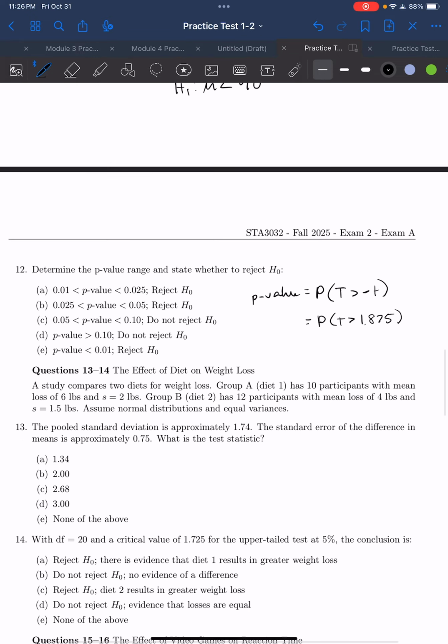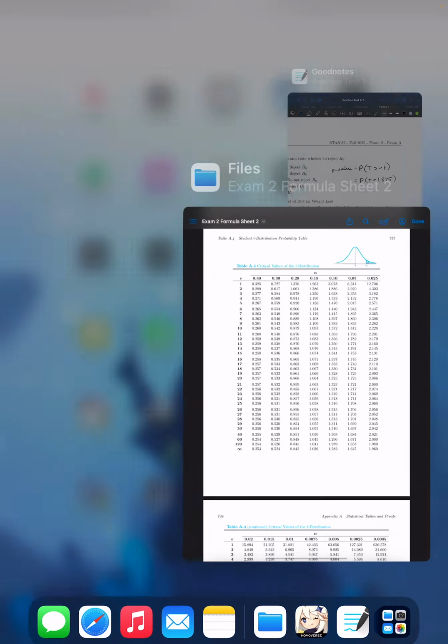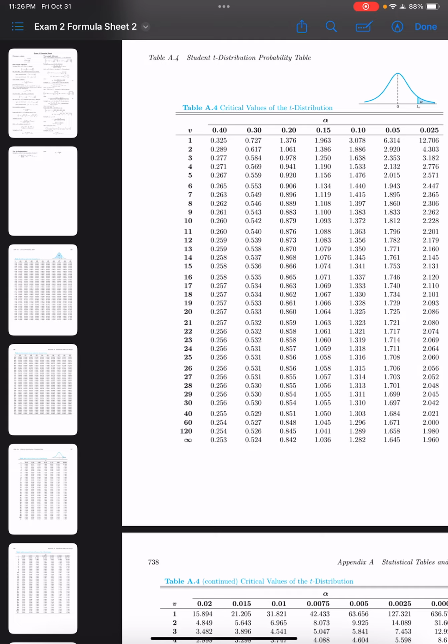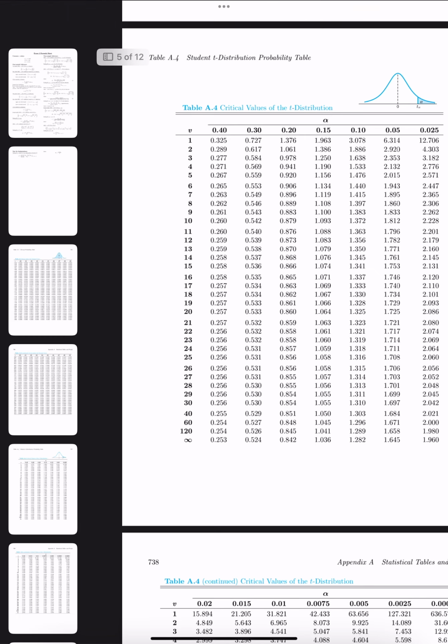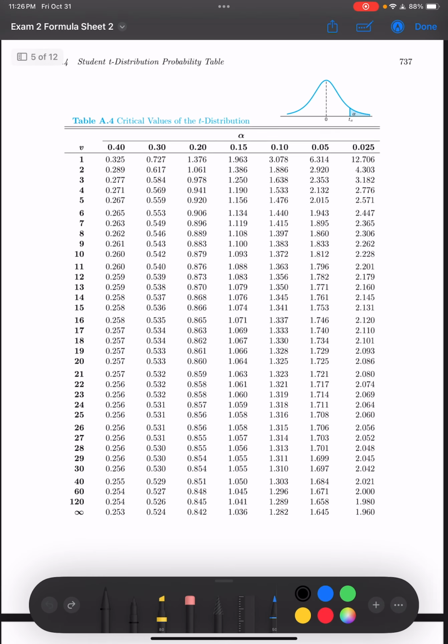Then we can pull up our t-table. We have this over here, and our degrees of freedom again is 15. We can look here and we see 1.875 is between these two values, so it's less than 0.05. And this is the right side.